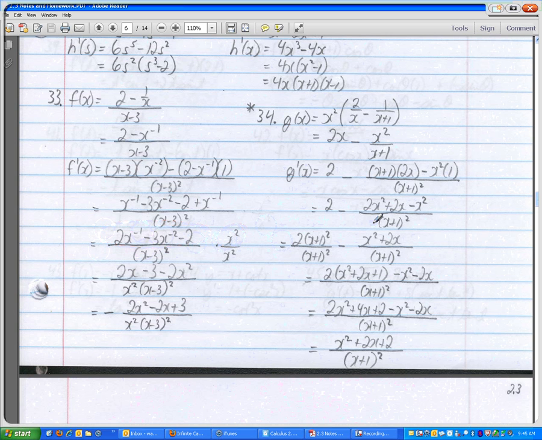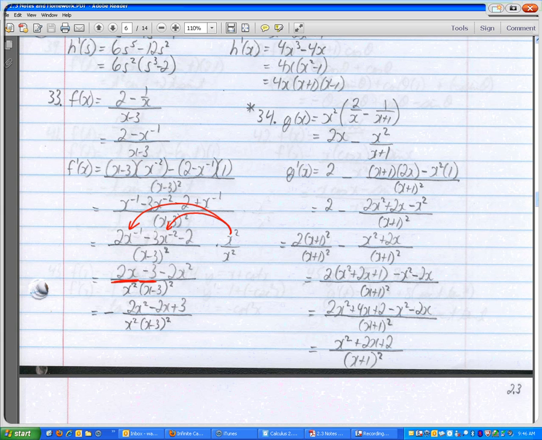And then look, this is a really nice technique. It works really well. Distribute x squared times 2x to the negative 1. I'll get 2, then x to the negative 1 times x squared, add the exponents, I get x to the 1, better known as x. So 2x. Then I multiply x squared times negative 3x to the negative 2, so I'll get negative 3, then x to the negative 2 times x squared.